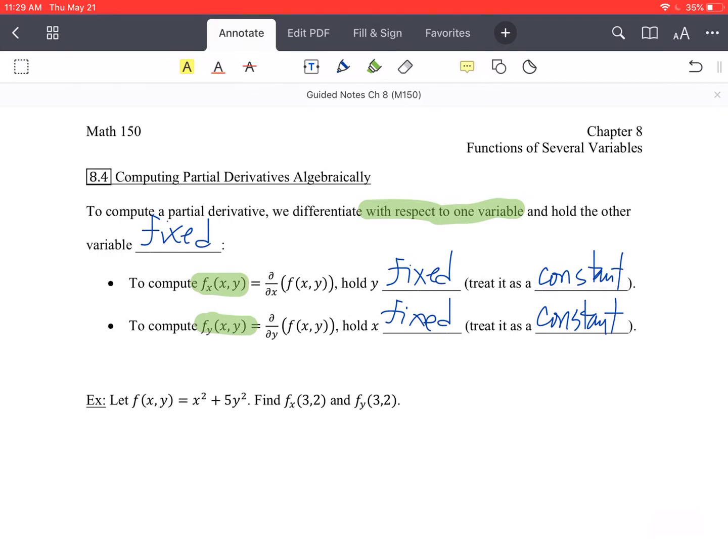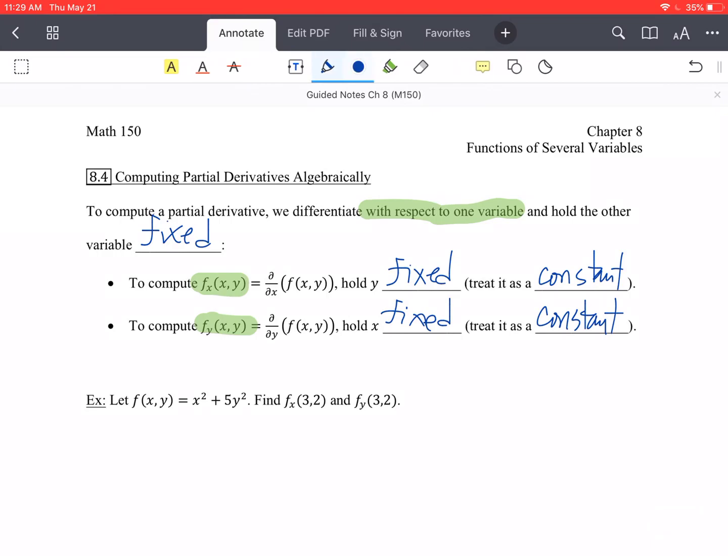For example, if we were differentiating normally, with a single variable, the derivative of x squared would be 2x. But if I'm differentiating with respect to y, and x is not the variable, then x is a number, x squared is just a number, and the derivative of x squared would be 0 with respect to y.